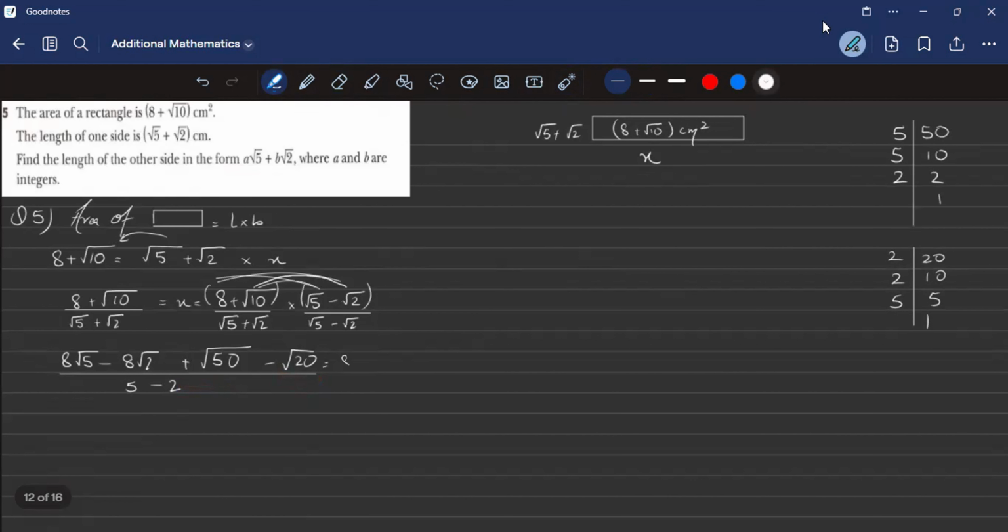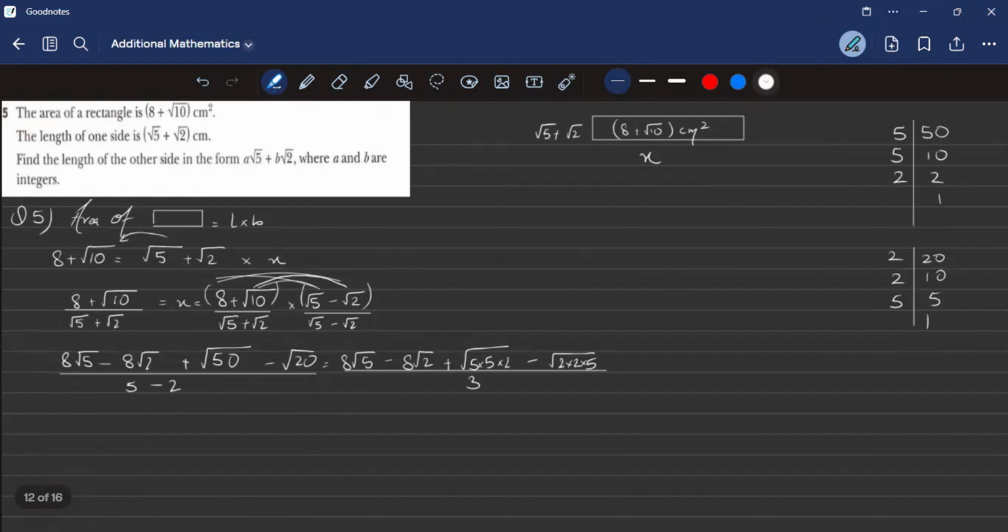So we simplify this: 8 under root 5 minus 8 under root 2 plus, instead of under root 50, we are going to write under root of 5 multiplied by 5 multiplied by 2, minus under root of 20, which is equal to 2 multiplied by 2 multiplied by 5, divided by, obviously, 3.